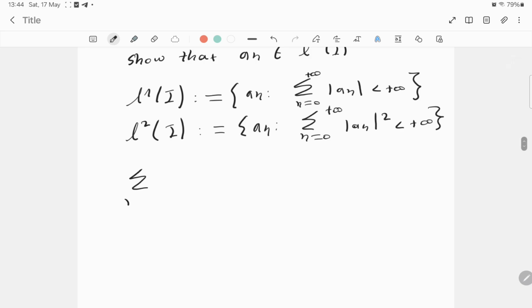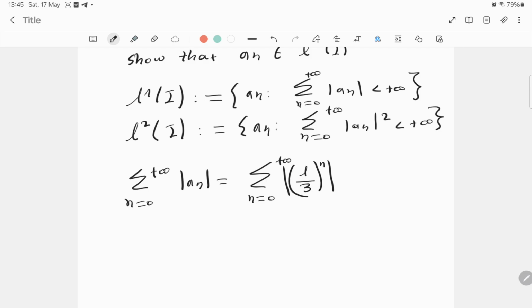So let's take the sum from n equals 0 to infinity of the absolute value of a_n. That is equal to the sum of 1 over 3 to the power of n, absolute value. I can remove the absolute value here. The sum from n equals 0 to infinity of 1 over 3 to the power of n. That's an infinite series.